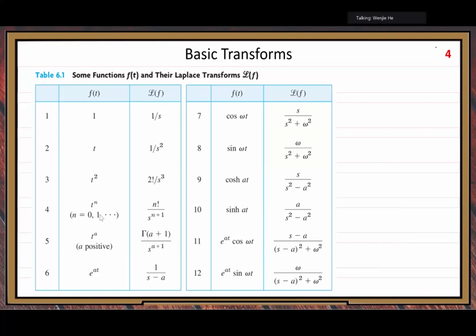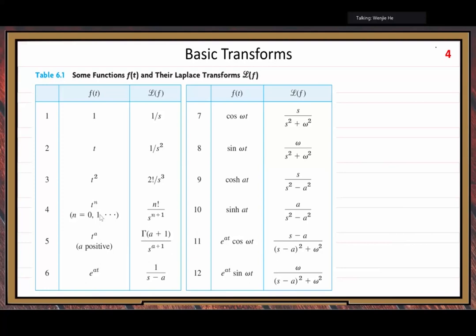So we need to introduce a special function called the gamma function. In calculus, you can see the capital gamma function. Why do people introduce a new symbol, gamma, to represent this function? Because its explicit formula is very, very complicated, so it is hard to write.